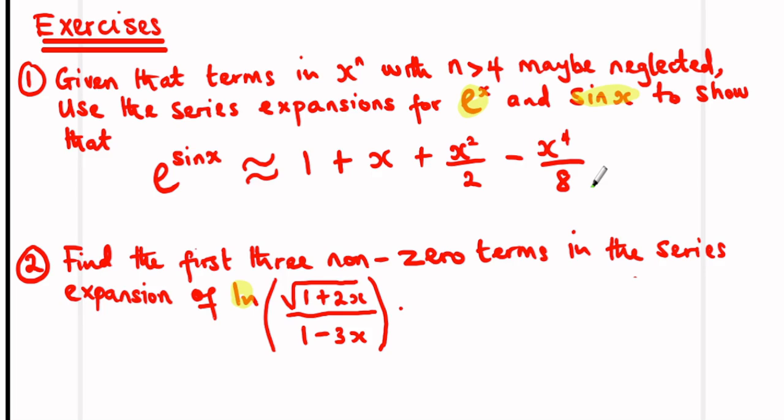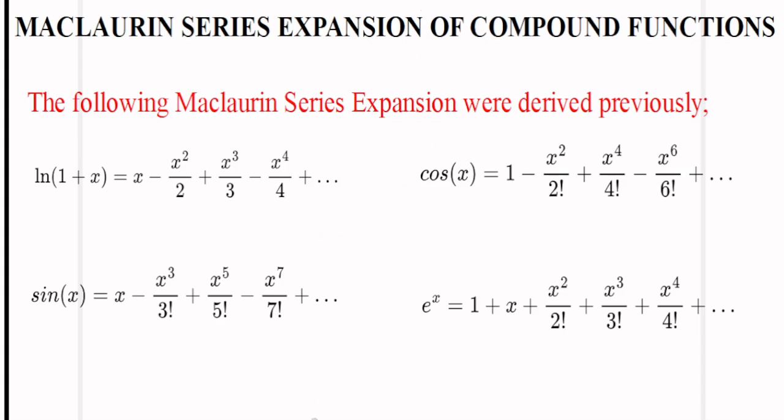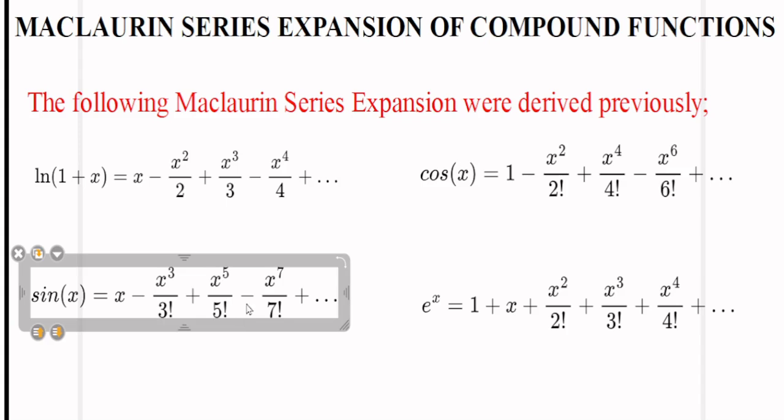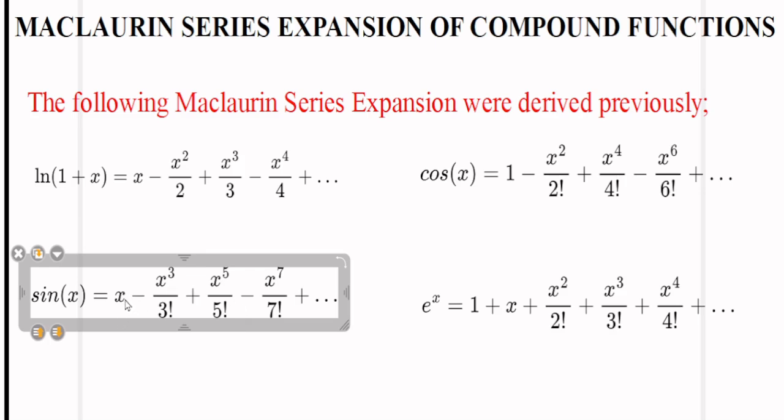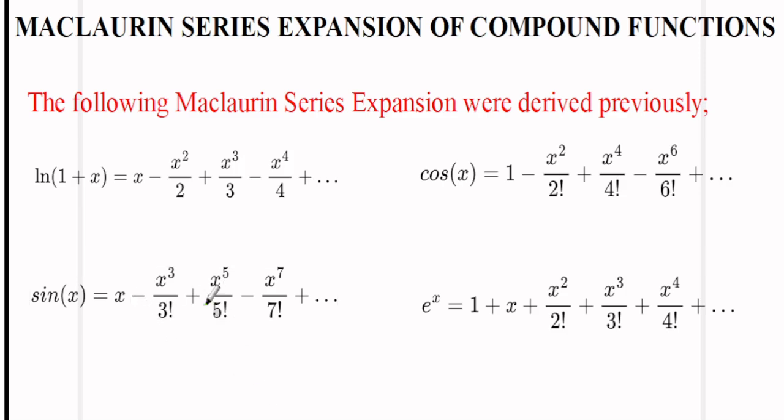Now, coming to this place, we'll have the sine x to be this, and we'll have exponential x to be this. For sine x, we're going to be writing x minus x cubed over 3 factorial. That is it. We're not going to work with x to the power 5 because it is greater than 4, so we're going to write just these 2.